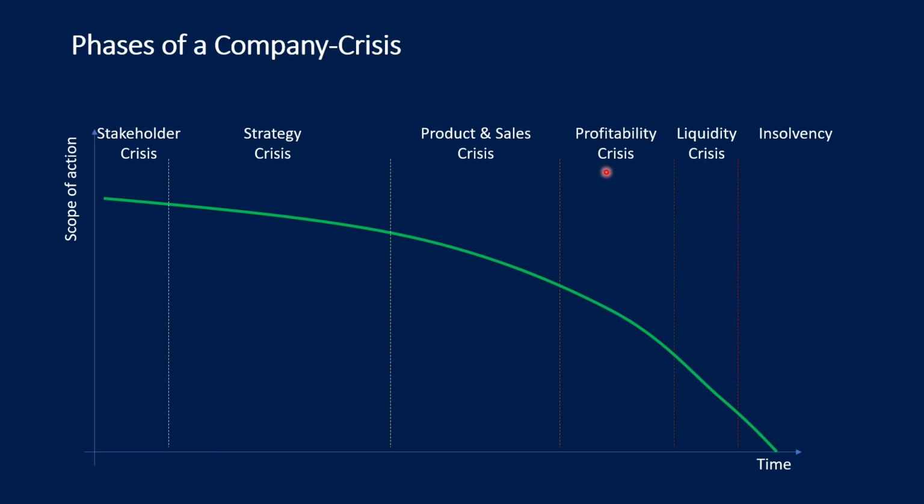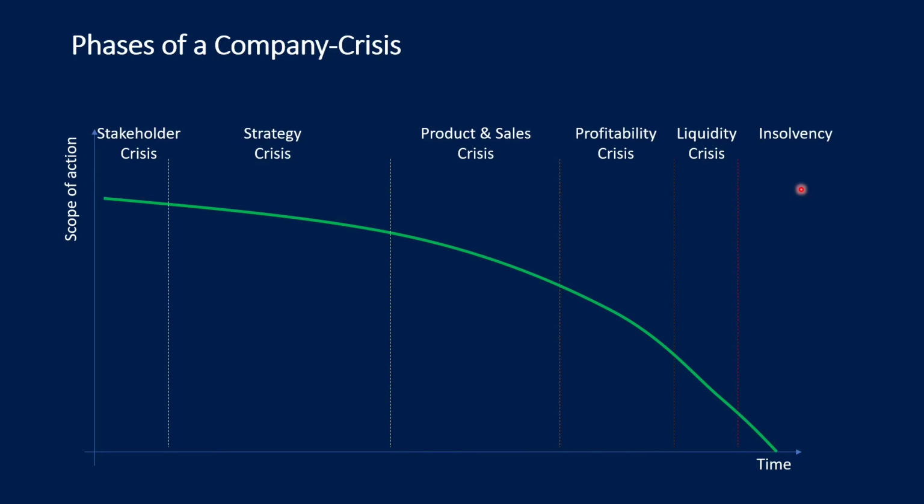The revenues are not high enough and the costs are not covered. Last but not least, the profitability crisis turns into a liquidity crisis, which means that the company is running out of cash. And at the end of this process, we see the bankruptcy or the insolvency.